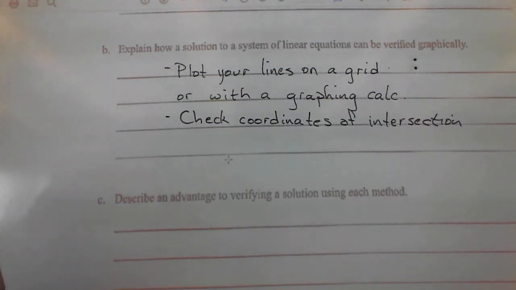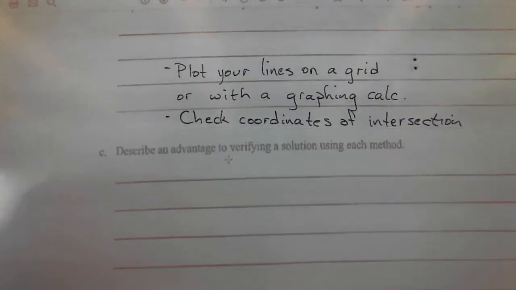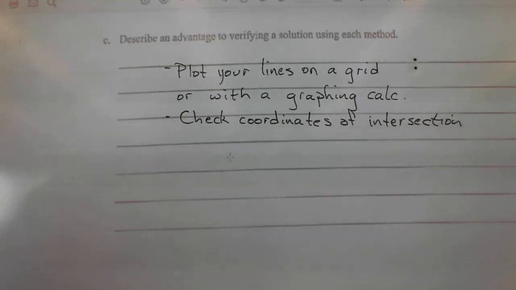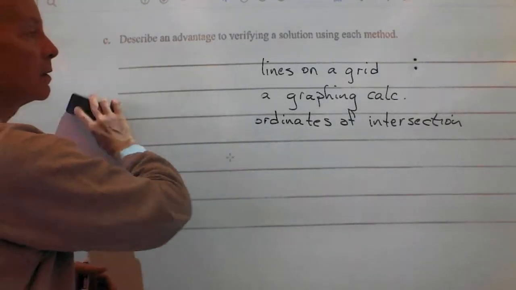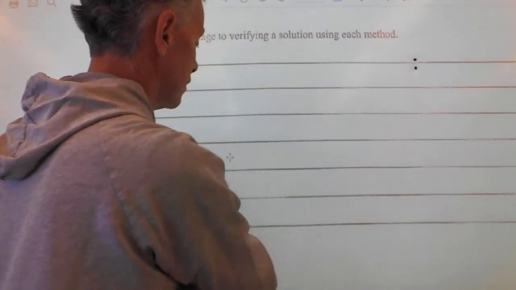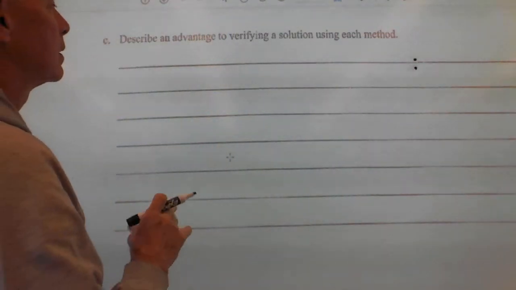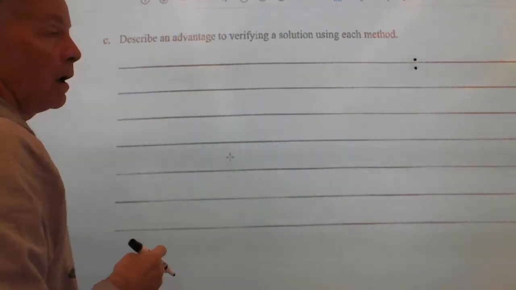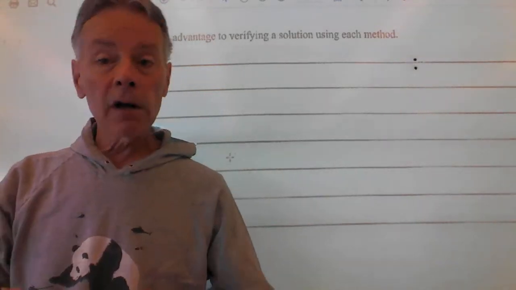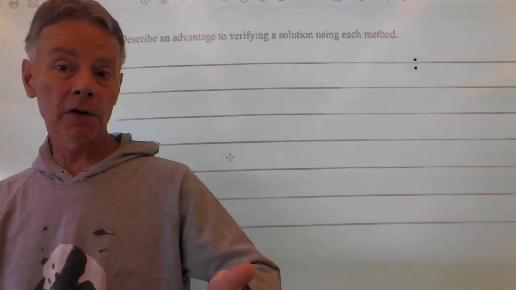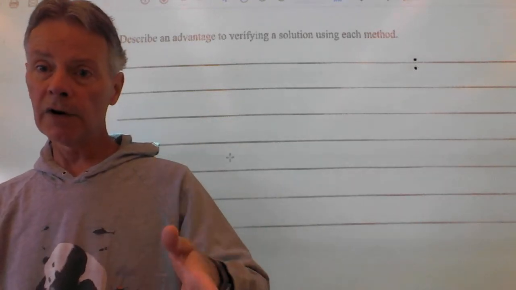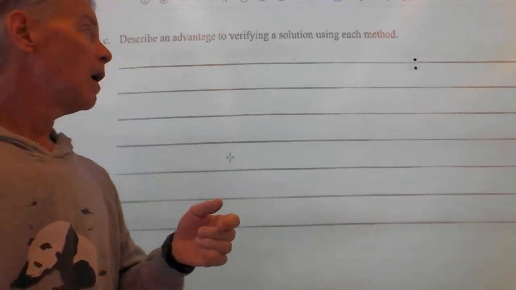Describe an advantage to verifying a solution using each method. You know, it really just boils down to what you're comfortable with. Okay? A grid method involves graphing. You have to have a grid, or you have to have a graphing calculator, and that involves isolating your variables. Okay?